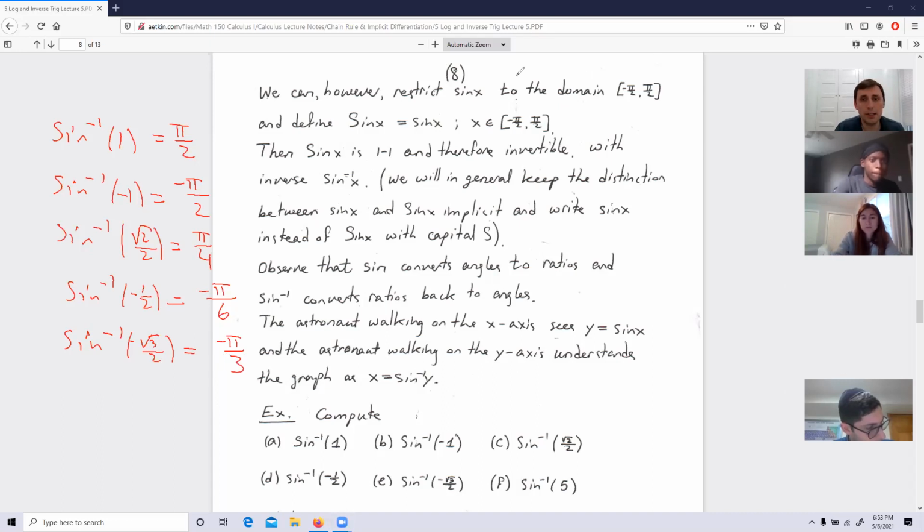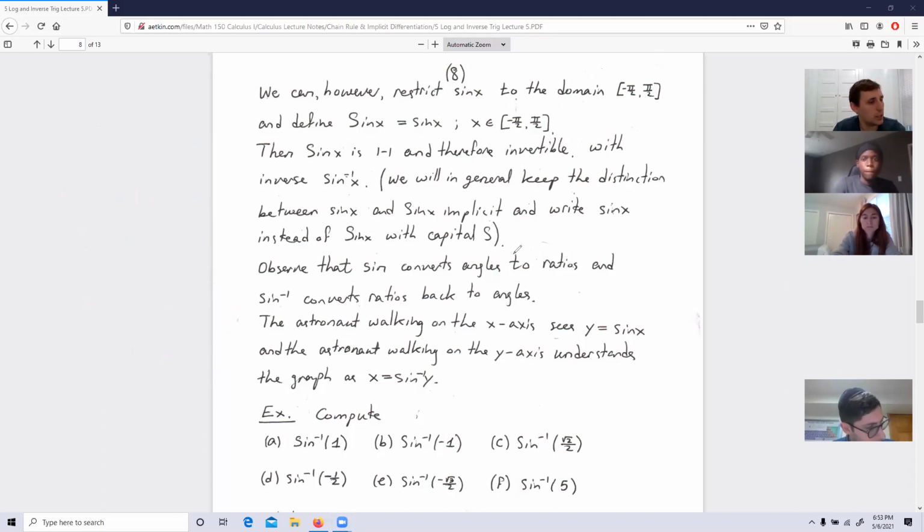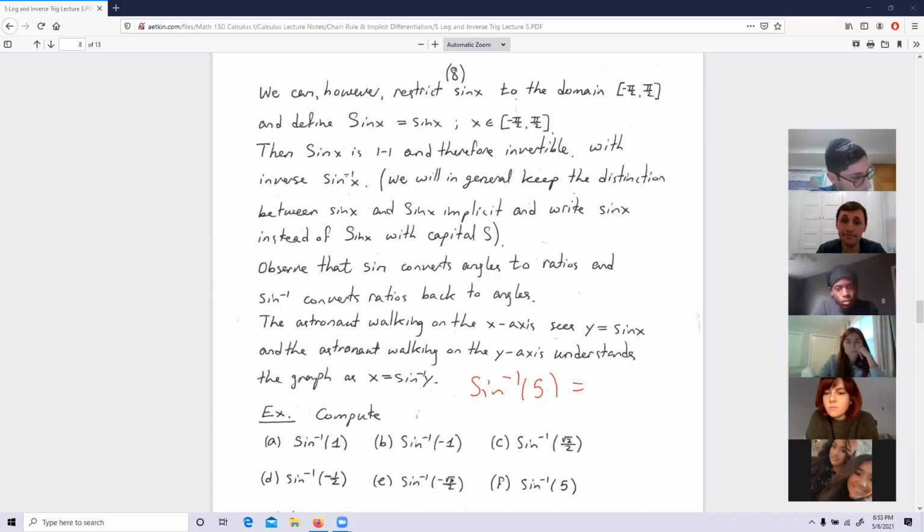Right, I'm going to clear this. Last one, guys. Tell me, please, what is sine inverse of 5? Come on. So far, I see only 3, 4 people.